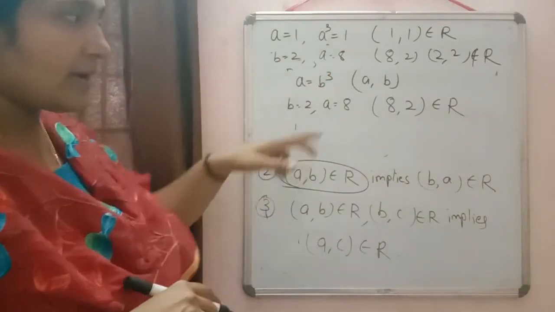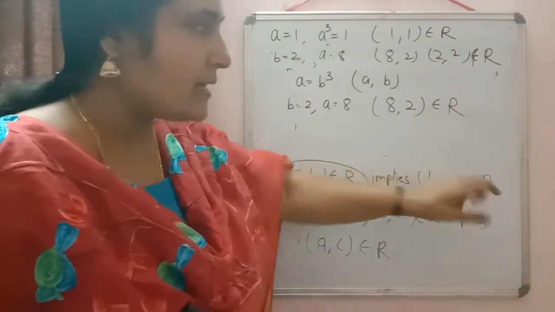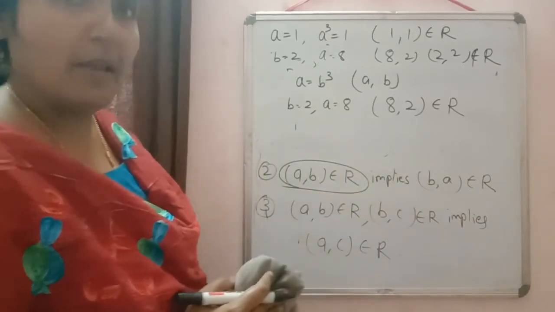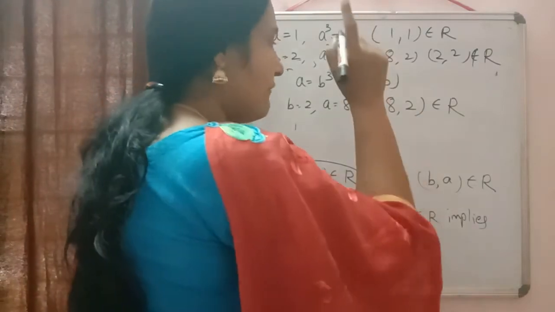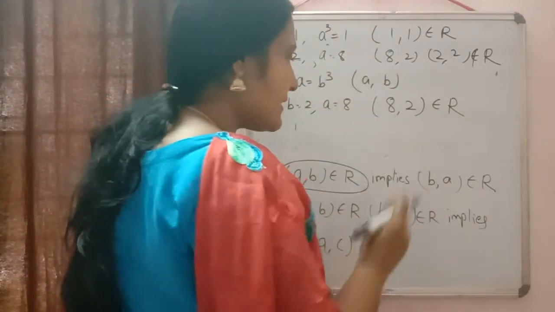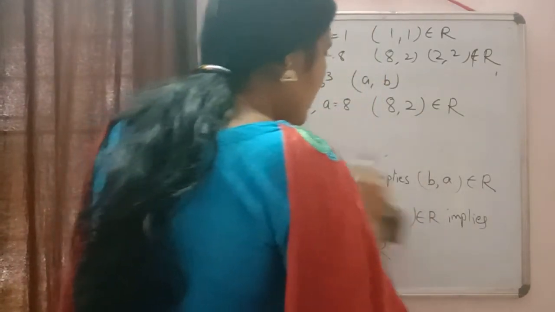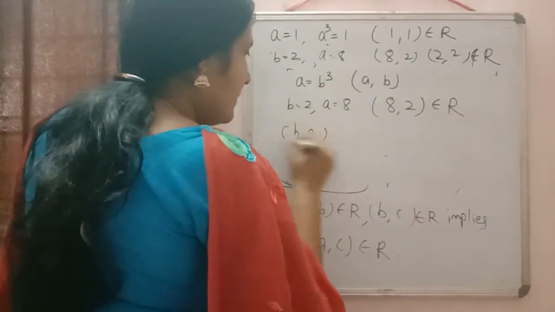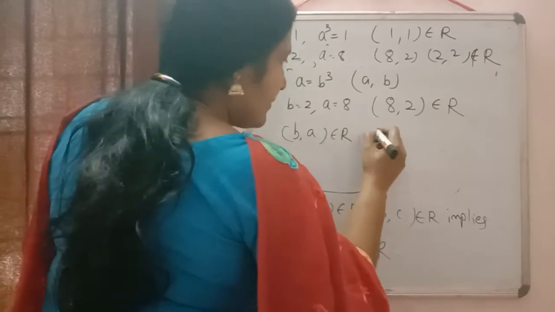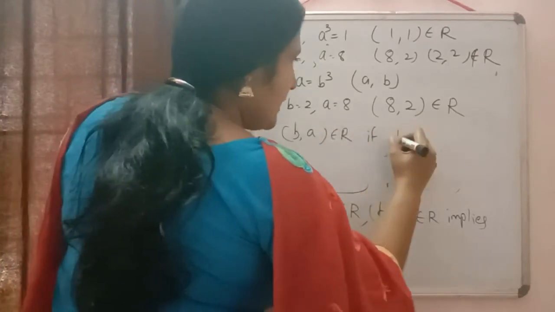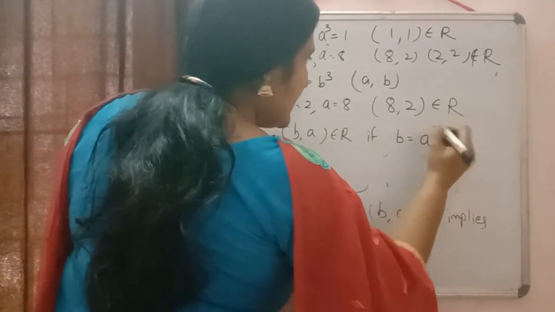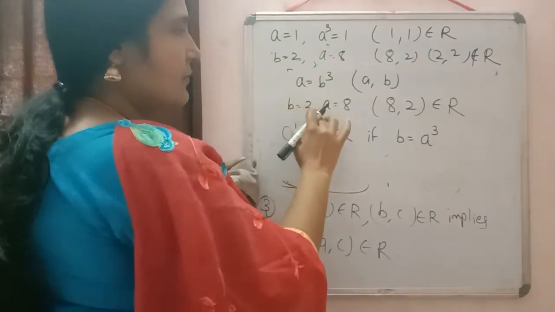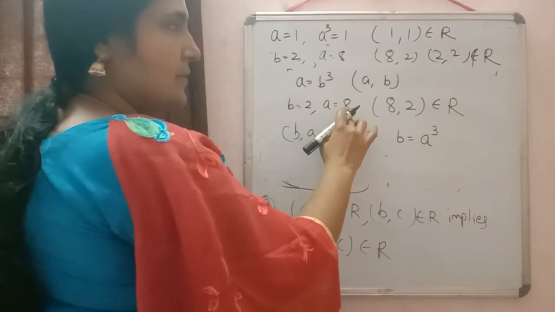Now we have to check whether (b, a) also belongs to R. So (b, a) will belong to R if it satisfies the relation. Just write here: (b, a) will belong to R if the first element is the cube of the second element. What we have taken here: b is equal to 2 and a is equal to 8.